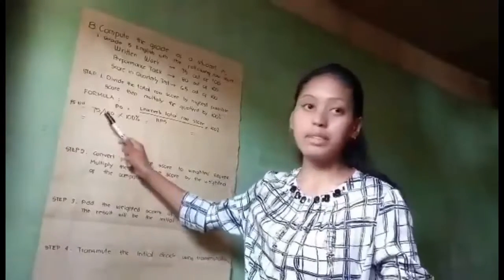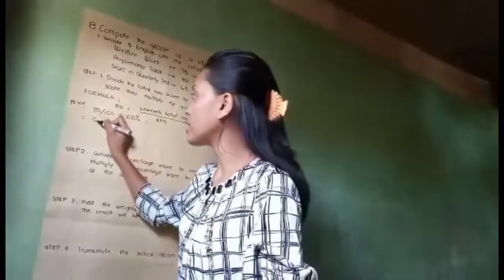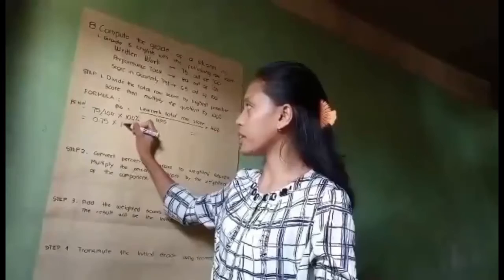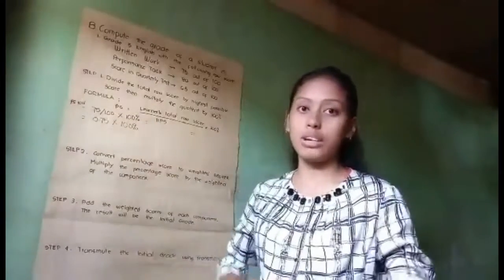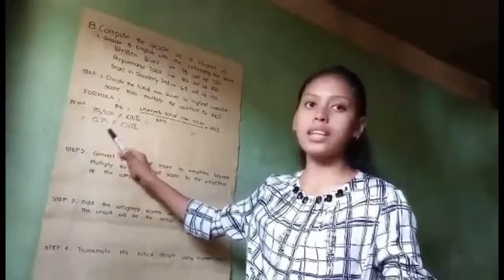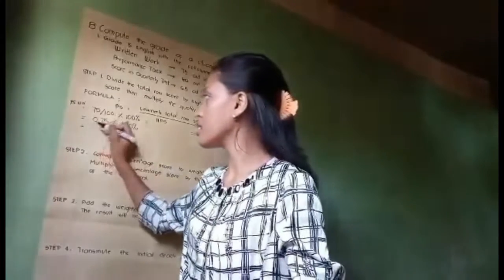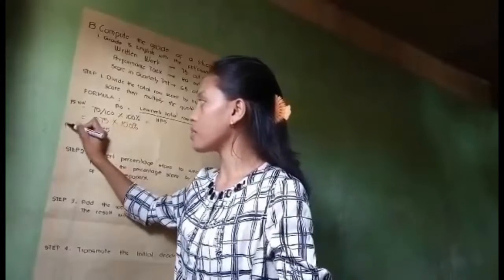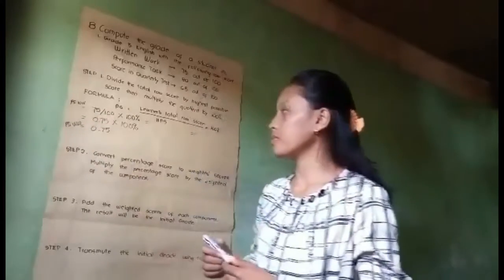So 75 divided by 100 is 0.75. Times 100%, the answer is 0.75. This is our percentage score of written work.